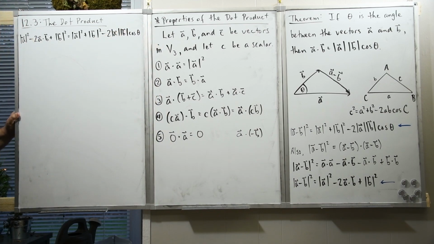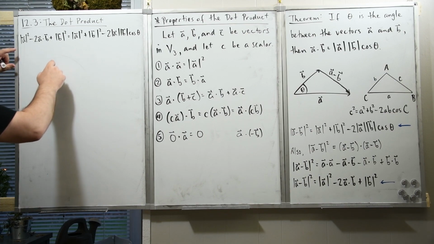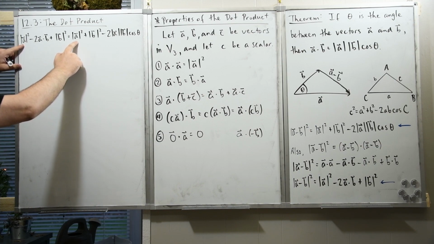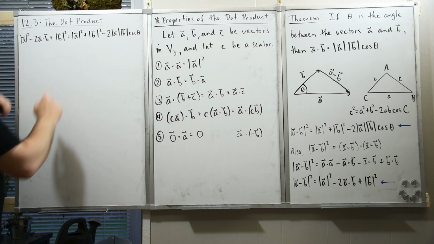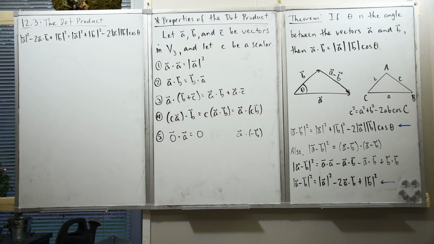Well, notice that you have the square of the magnitude of a as a term on each side of the equation, and the square of the magnitude of b as a term on each side of the equation. So those are going to cancel out.